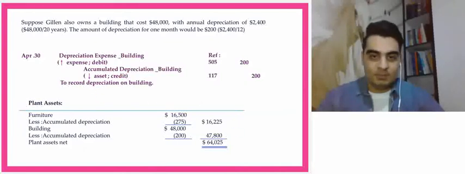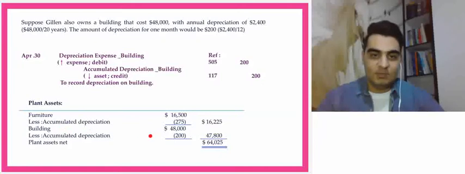And this here is for the book value. We have plant assets, furniture and building. For furniture, we said that we purchased $16,500, and after we subtracted the accumulated depreciation, the remaining amount was $16,225.